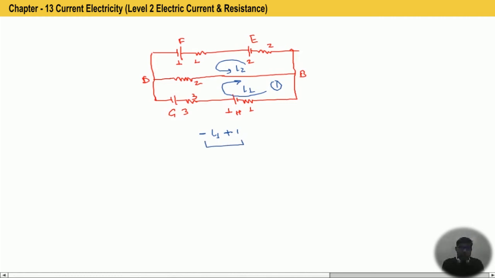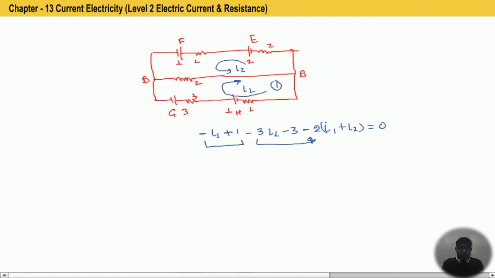In the second combination, minus 3 into I1, minus 3 volt across G, minus 2 into I1 plus I2, which is equal to 0. Okay, so from this equation, we need to keep these 2 points.